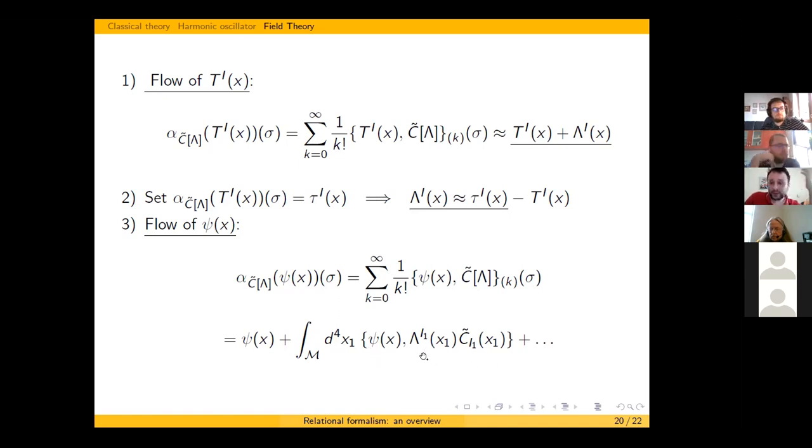Well, by the property of the Poisson bracket, this can be decomposed into parts. Namely, the first part, where this lambda gets out here and we are left with the Poisson bracket of psi and c tilde, and the other one is just the Poisson bracket between psi and lambda with c tilde outside. And this happens for all the other terms.